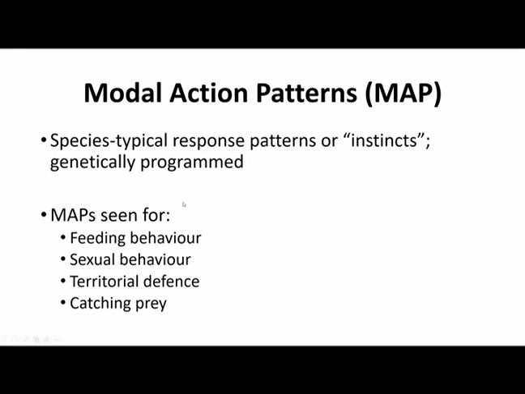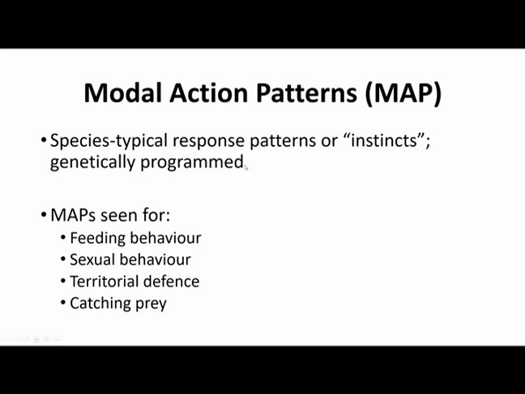Our next variant upon reflexes is a little bit more complex than just a simple reflex. These are called modal action patterns, or MAPs. These tend to fall into that second category where they're species typical or small group typical. They're not just a single reflex, but a group of associated patterns or instincts.